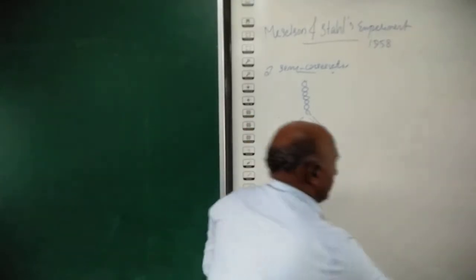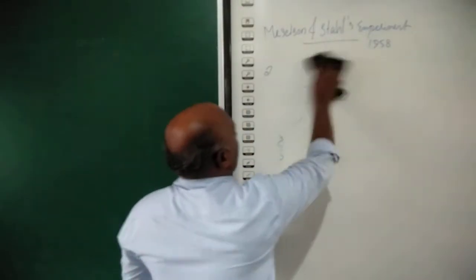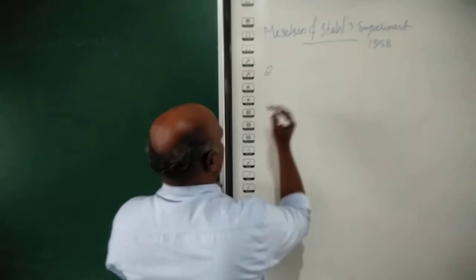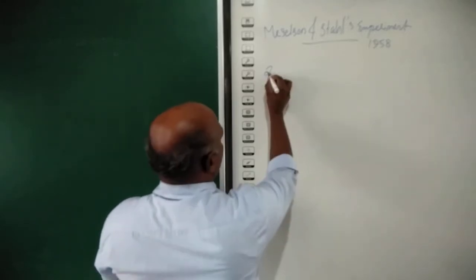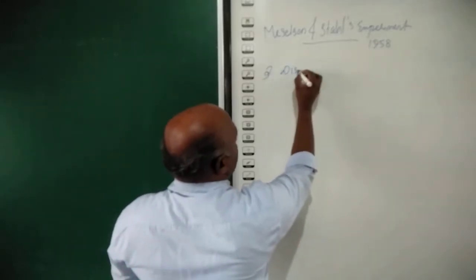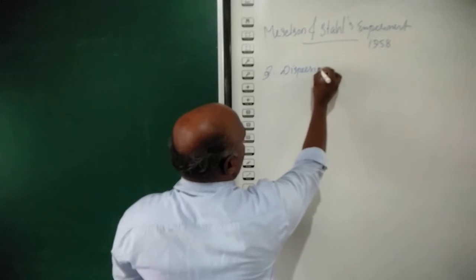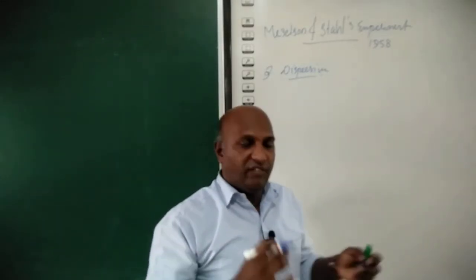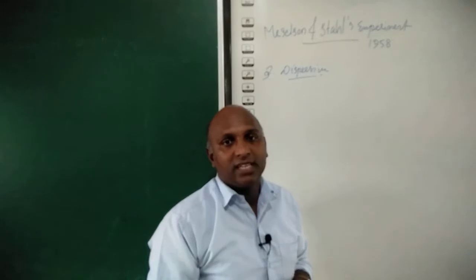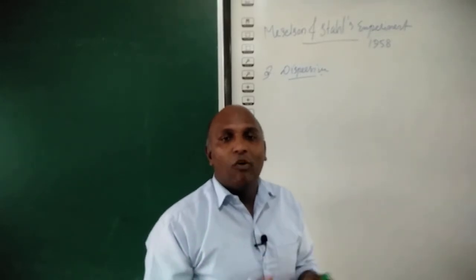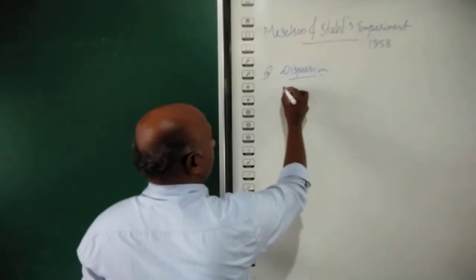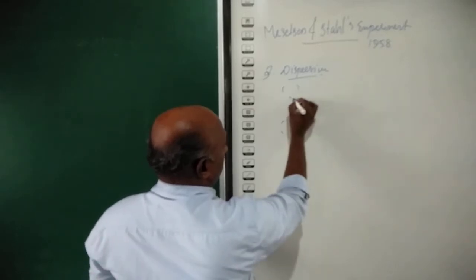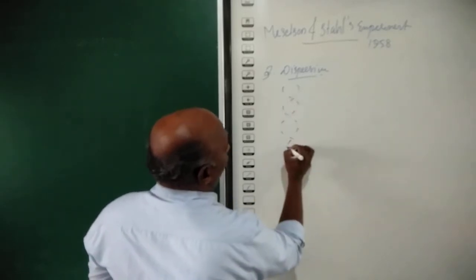And one more concept was there, that is the third one, the dispersive method. According to the dispersive method, when the parental strand goes through the replication process, it will break down into small segments, small pieces.